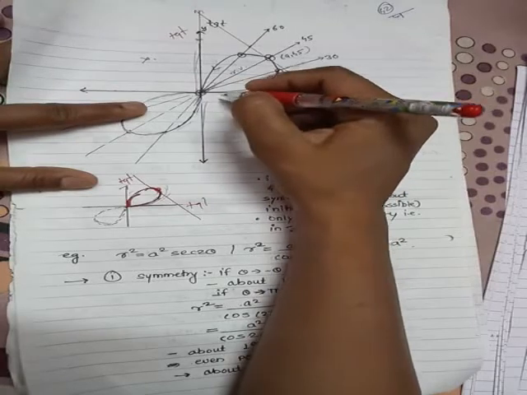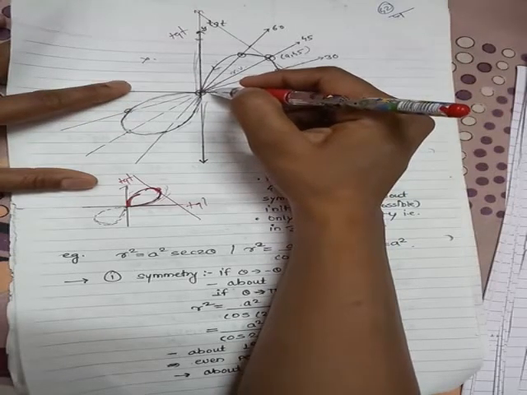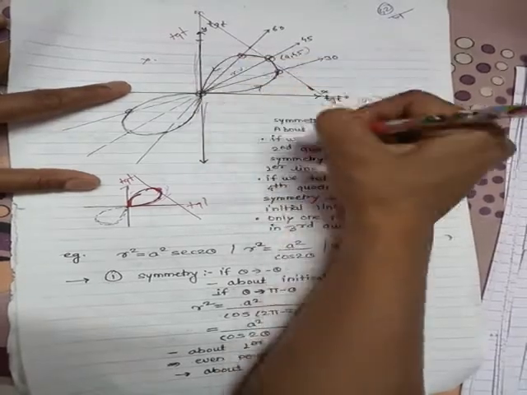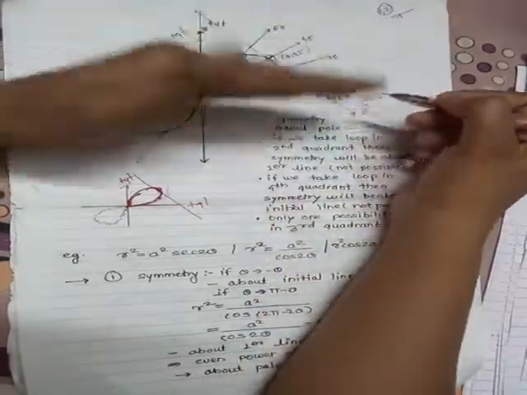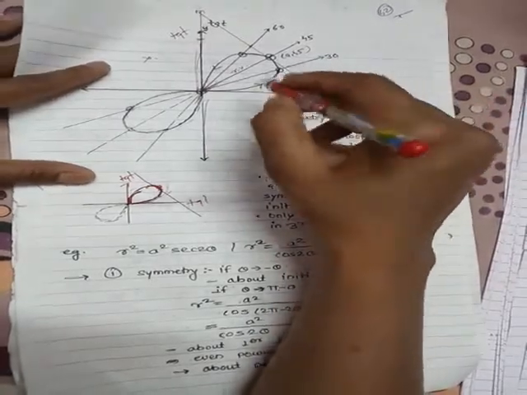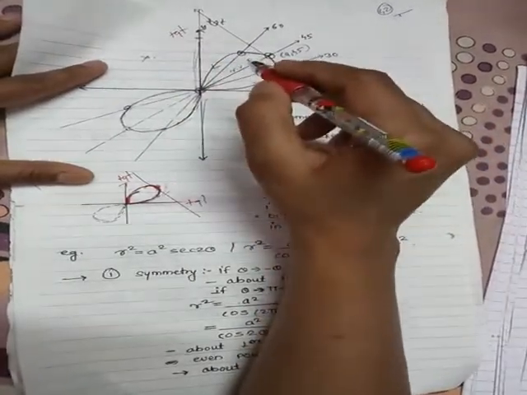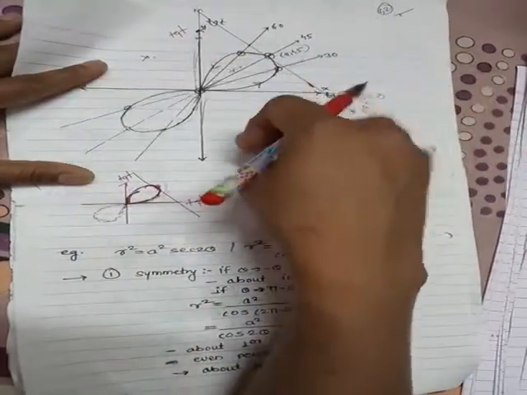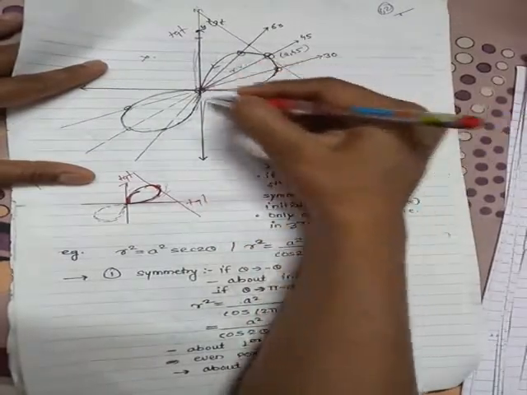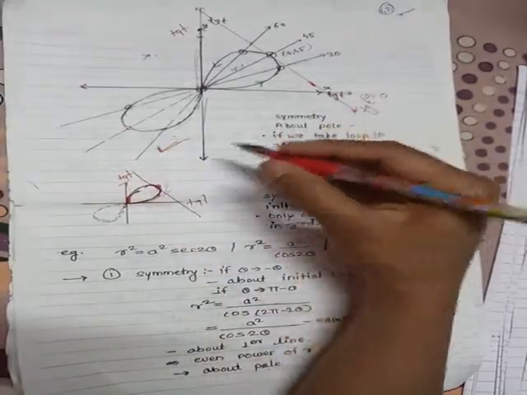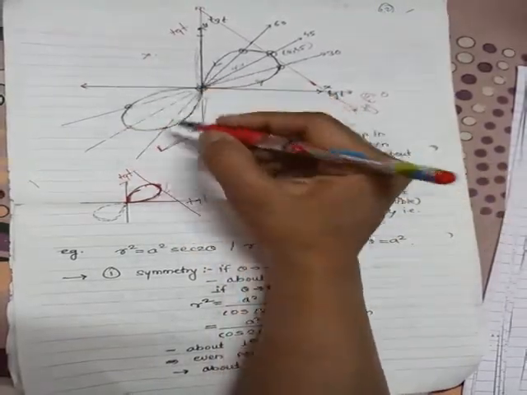If we draw that loop in the fourth quadrant, then we will get symmetry about the x-axis, which is not possible because this curve is not symmetric about the x-axis. So the loop is not in the fourth quadrant. So the remaining loop will be in the third quadrant only. Hence, we have to draw the loop in the third quadrant.